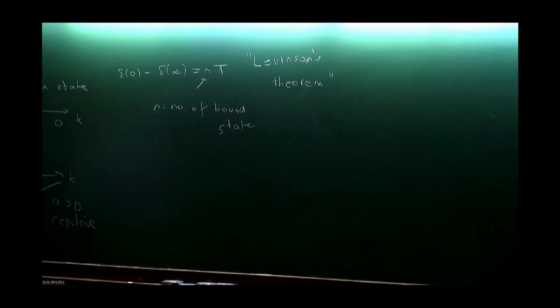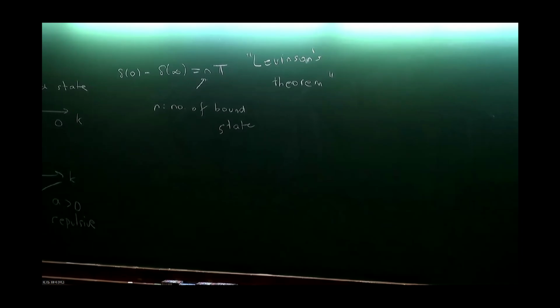This is a little bit tricky in EFT, because in EFT you only really have access to the phase shift over a finite range. So this actually tells you that the EFT can have deep bound states, and you actually don't care because you could integrate those out. But if you have those deep bound states, then Levinson's theorem will actually give you a different answer to what you want, right?